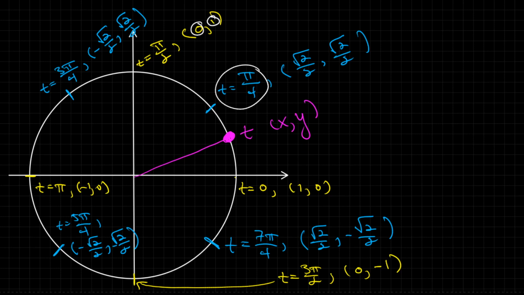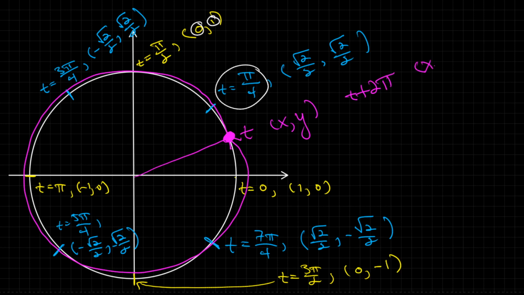And if you go another revolution around the unit circle, then that angle would be t plus 2 pi, but the x and y coordinate would be the same. And so the sine of t, that is the y coordinate, is the same as the sine of t plus 2 pi here, because you ended at the same terminal point.